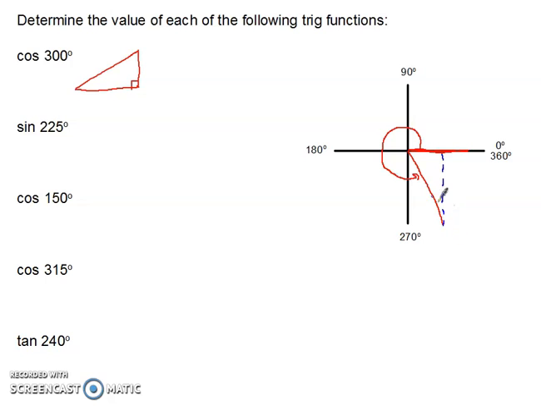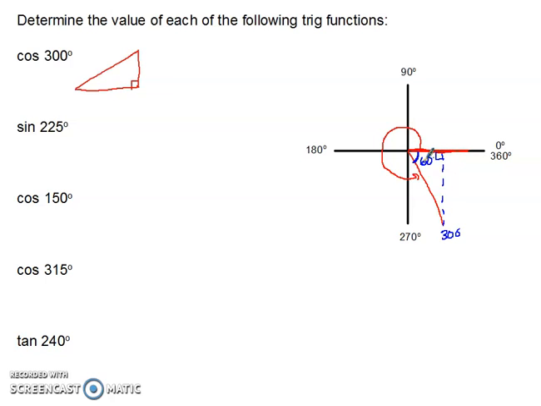And instead of looking at that 300 degrees, we're going to look at the reference angle, which is the acute angle between my terminal side and the positive x-axis. I'll use this angle to help me determine the value of my cosine. If this angle is 300 degrees, then I go another 60 degrees to get back to 360 on that x-axis, which means that my angle inside this triangle is 60 degrees.